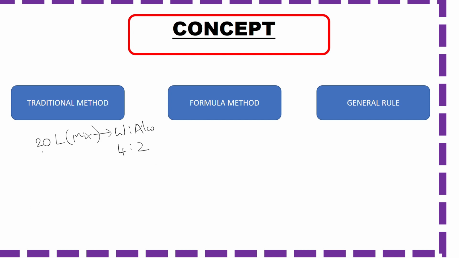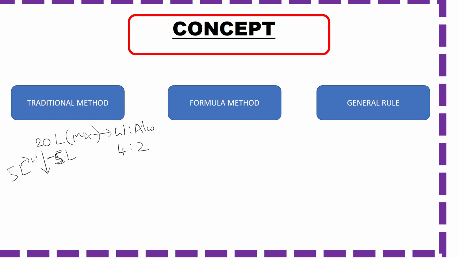Now you are removing 5 liters of this mixture, right? 5 liters of this mixture, and you are adding 5 liters of water. So when you are removing 5 liters of this mixture, this 5 liters consists of both water and alcohol in the same ratio, in 4 is to 2 ratio.